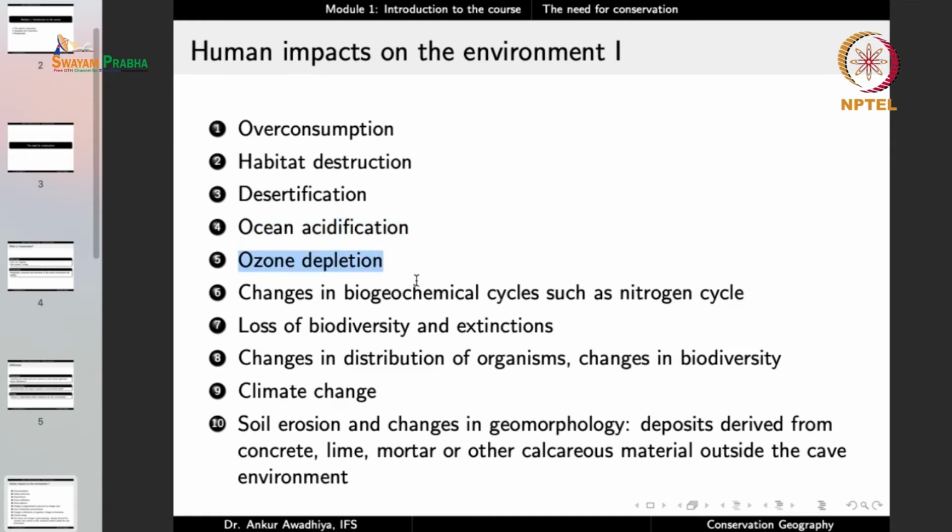We are observing a depletion of the ozone layer, because we are spewing out chemicals like chlorofluorocarbons or hydrofluorocarbons, and these chemicals reduce the concentration of ozone in our upper atmosphere. Now, ozone is a layer of gas. Ozone is O3, so that is 3 oxygen atoms combined together.